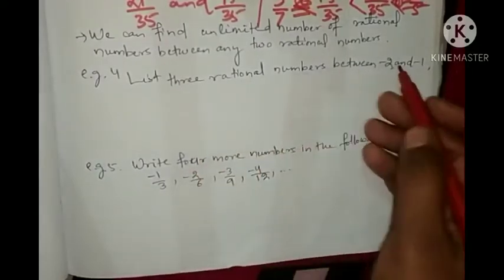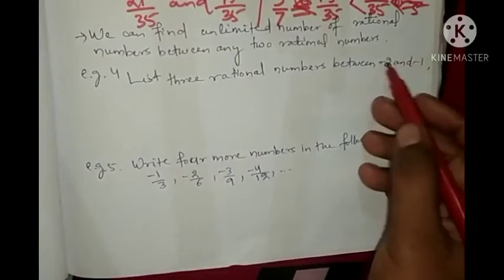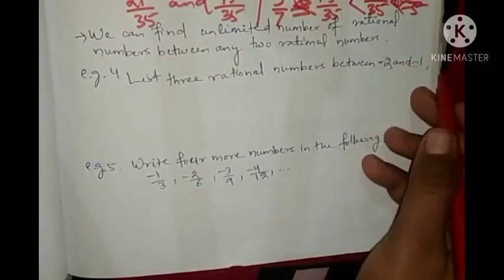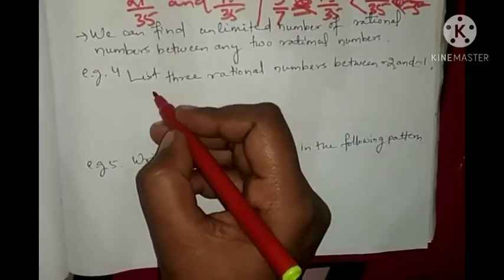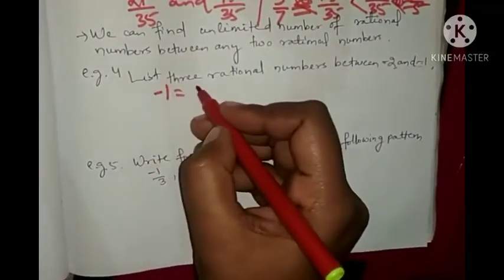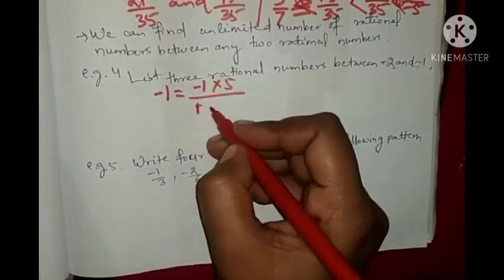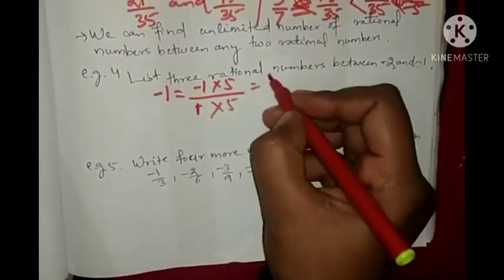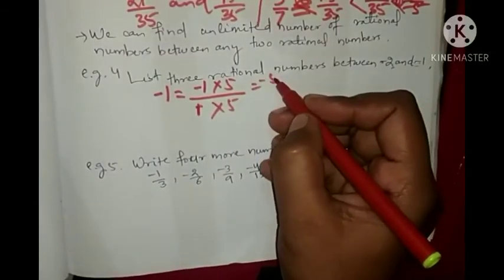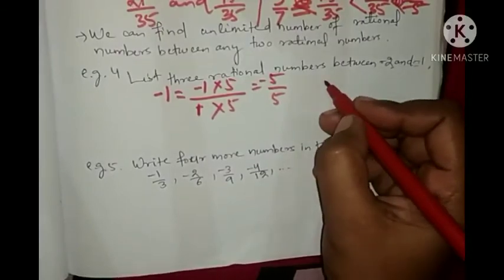Because we need to find 3 more numbers between these two numbers, so the total will be 5. So we convert minus 1 into minus 1 by 1 into 5, which is minus 5 by 5.